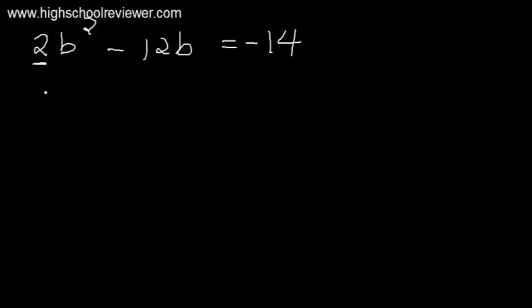Next problem, we have positive 2b squared minus 12b equals negative 14. So since we have here a numerical coefficient, first we need to cancel this out. To cancel this out, we are going to divide both sides of the equation by 2.